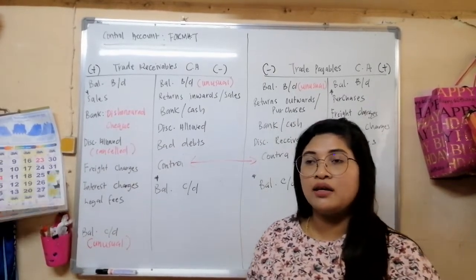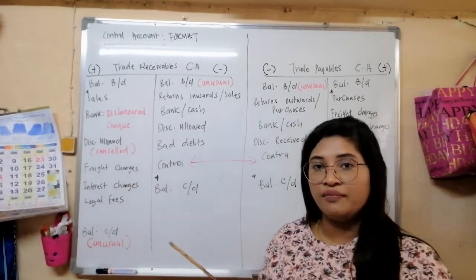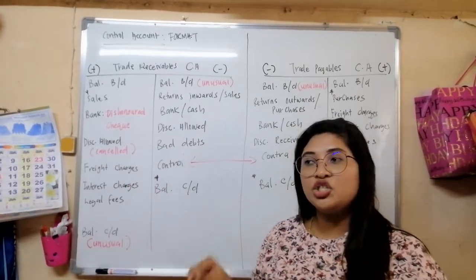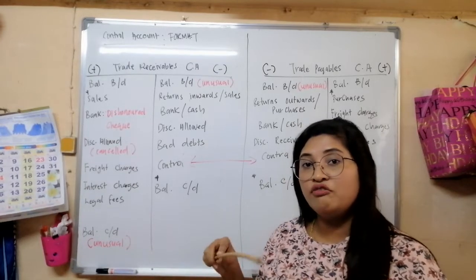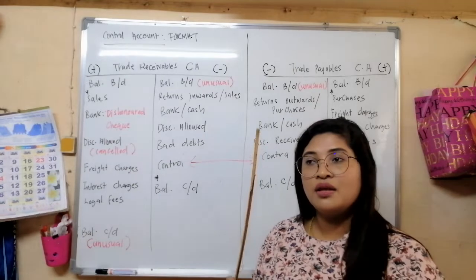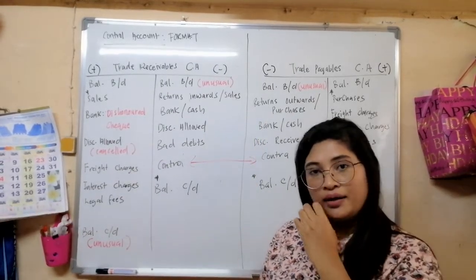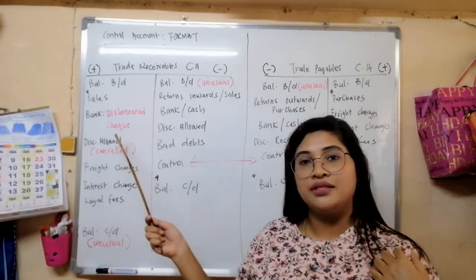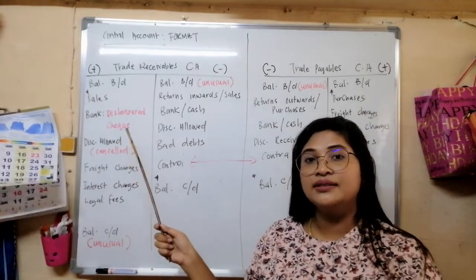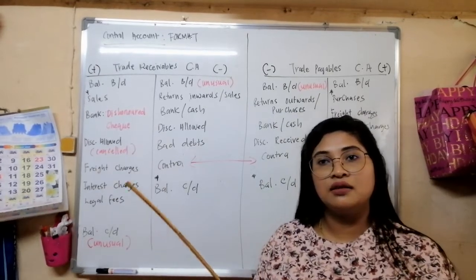For example, they pay to us today, the 22nd of March, but the date on the cheque is the 25th of March, which has not happened yet. So the bank will cancel the cheque, so it will be a dishonoured cheque, or maybe a wrong year was issued.